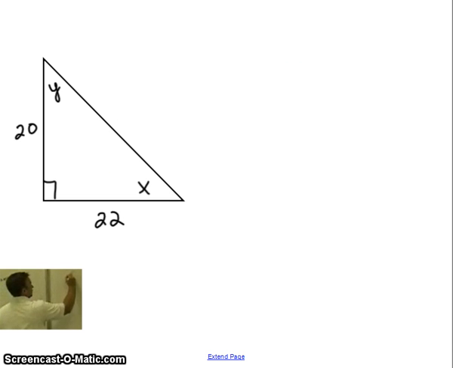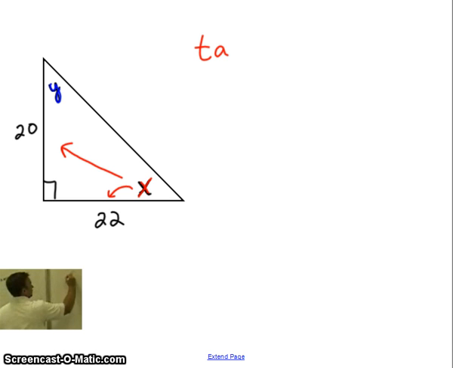Okay, last couple, and I changed it up so you don't have the notation on each edge of the angle measurements. You have a letter that represents the measurement of the angle inside the triangle. So we have X, which is red, and Y, which is blue, and I want to solve for X. For X we have the opposite and the adjacent, so that's tan.